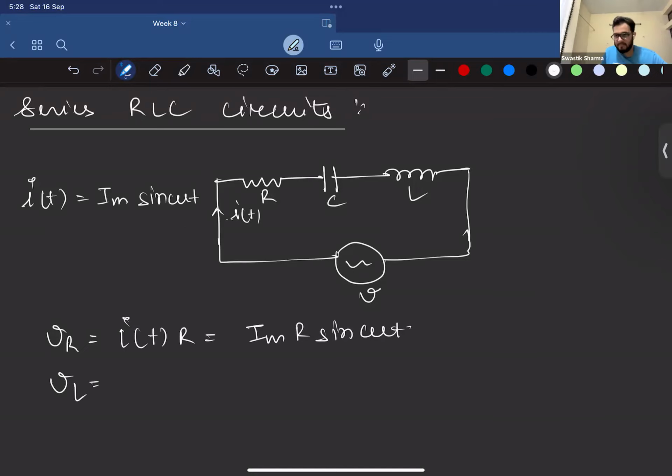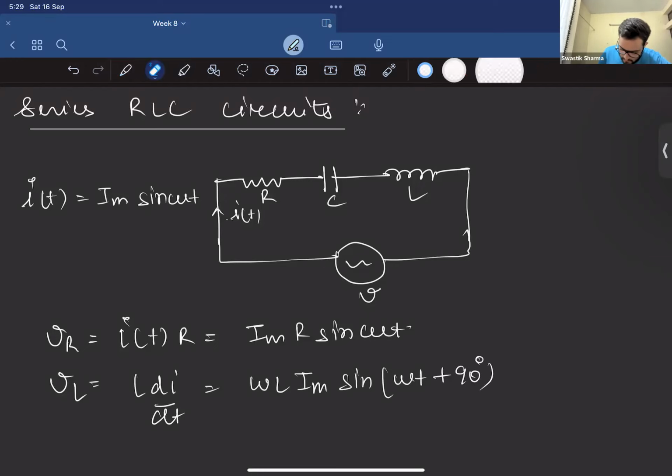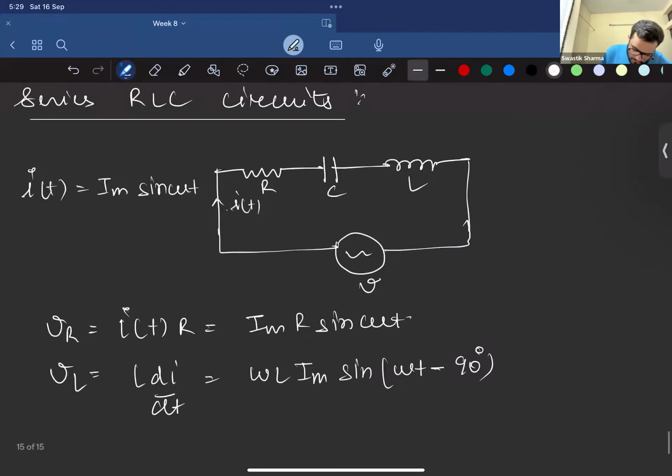We have already discussed the individual circuits; I'm just recapitulating. VL is L di by dt, which comes out to be omega L Im sine of omega t plus 90 degrees.